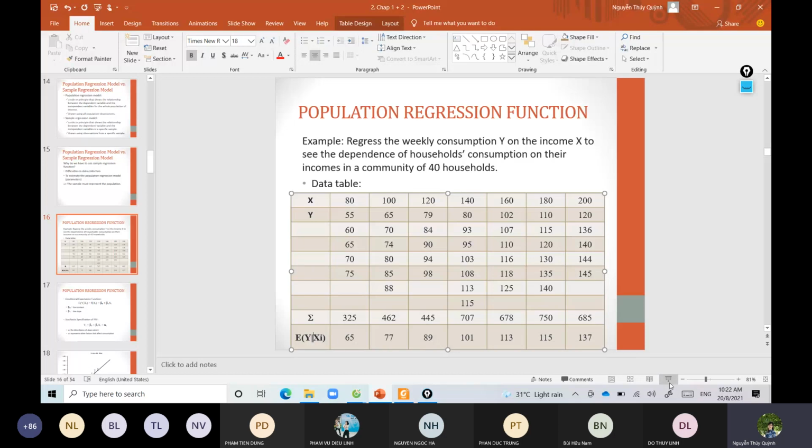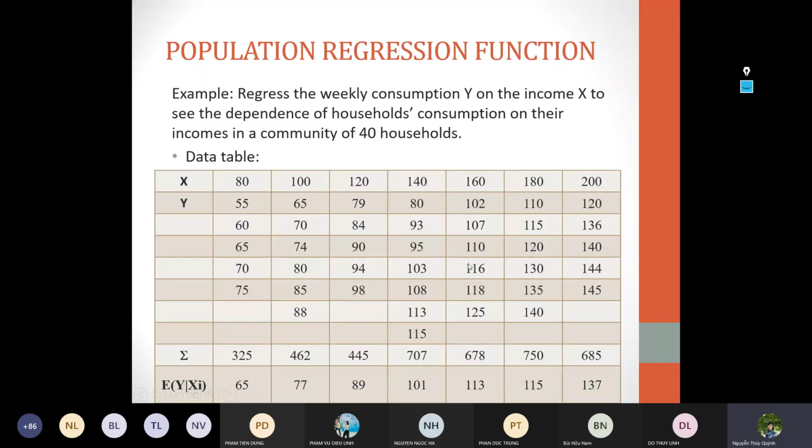Okay, the conditional expectation. We have different values of Y, but we only have one conditional expected value of Y in the case that X is equal to 80. That is 65.